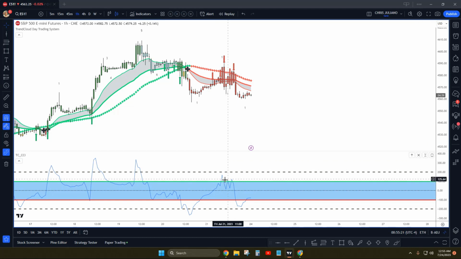What you want to do is match the CCI when it goes below the negative 100 line, and that means you're in a strong trend. So between negative 100 and negative 200, all in this area, you're in a very strong downtrend. And we get that right about here, right at this little doji candle.